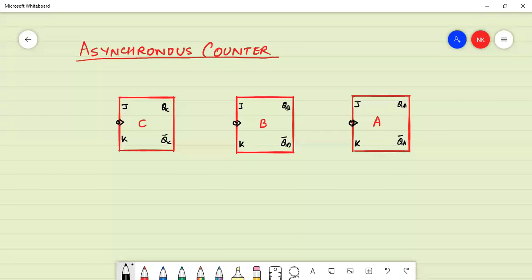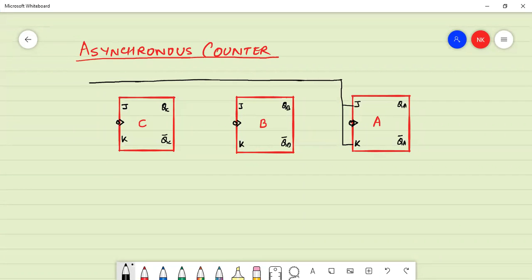Firstly, I am telling about the inputs, and the inputs of all the flip flops are given as 1.